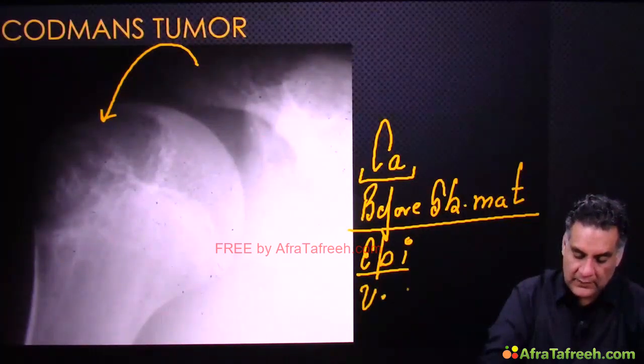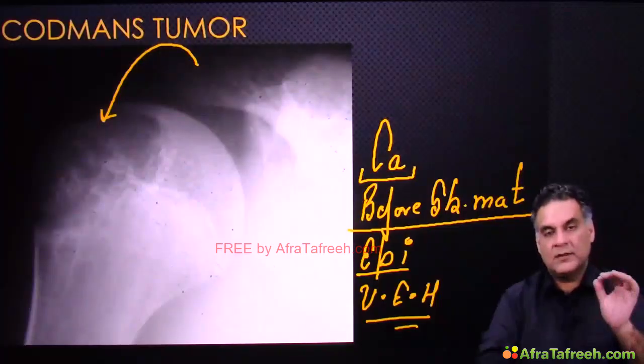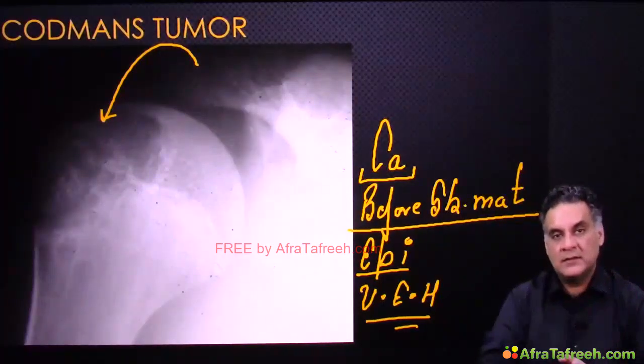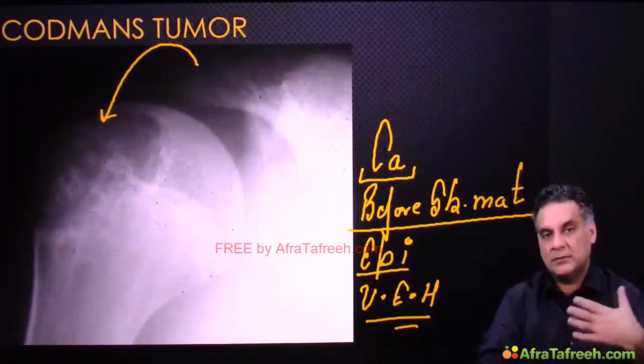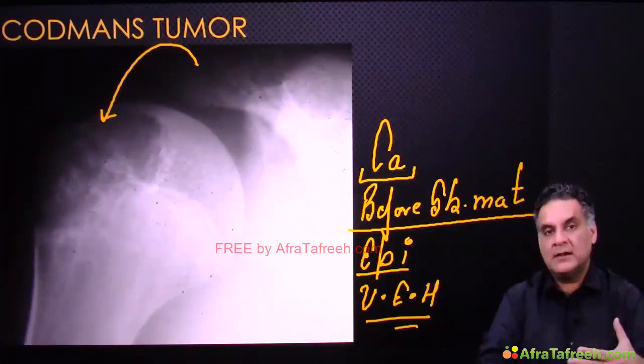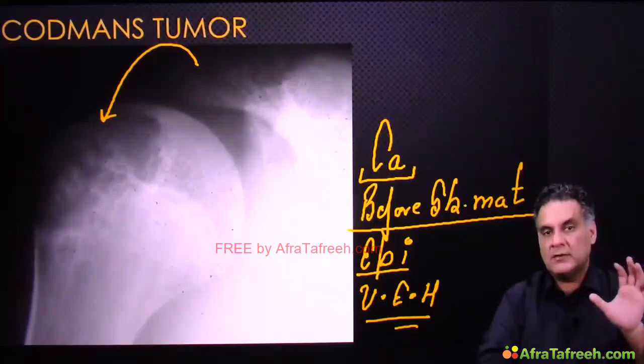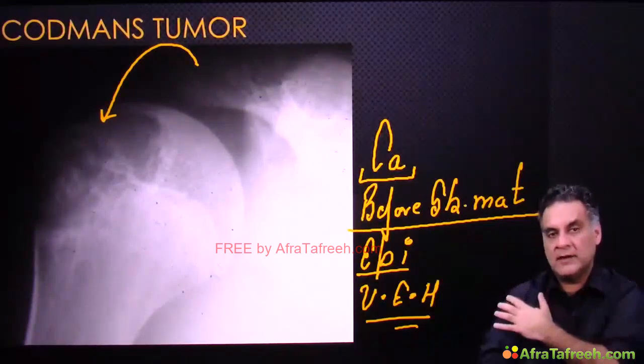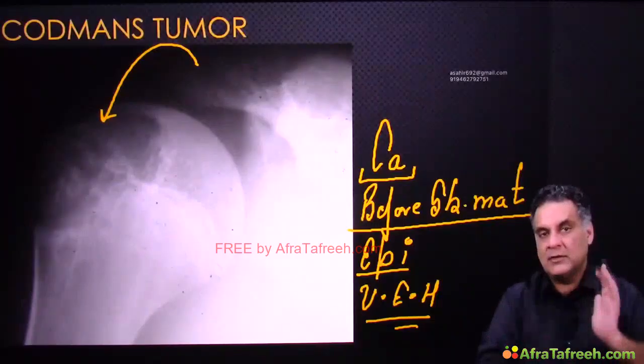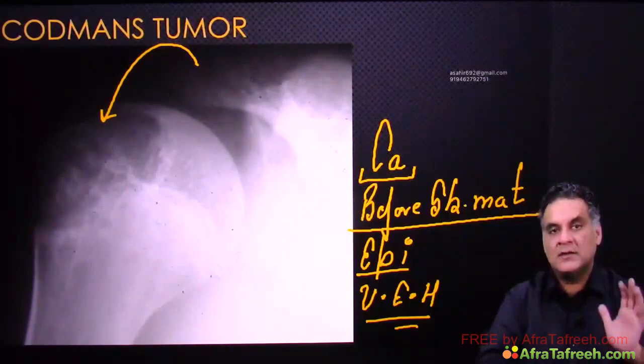And the upper end humerus is the commonest site. So for chondroblastoma, the commonest site is the upper end humerus. But for the upper end humerus, the most common tumor is unicameral bone cyst. So when you look at chondroblastoma of the upper end humerus with calcification, it is also called Codman's tumor.